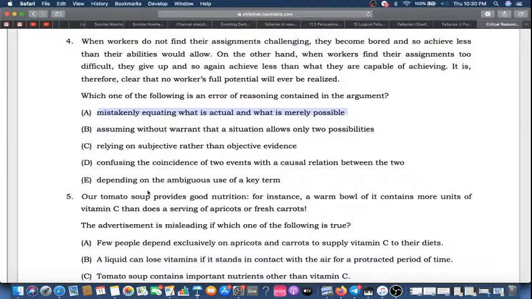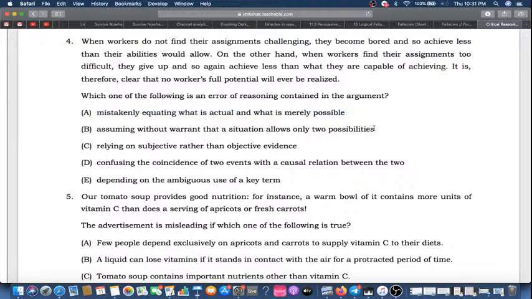So in this story, what is mistakenly equating what is actual and what is merely possible? Do you mean to say that this is just a possibility and the actuality is different and workers will be able to hit the maximum potential? But that is too convoluted, right? Assume that this is a fact and follow the reasoning there, and even then you will find a problem with the reasoning, right? So A is not going to work for me.